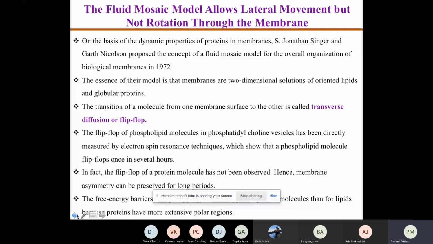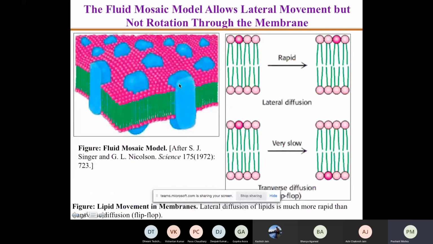And suppose there is a flip-flop movement, as has been observed as a rare example in the case of viruses. What will happen? Whatever is present in the upper half will move to the lower half, and after a period of time, suppose X amount of this lipid is present here, it will become equilibrated with the same amount of the lipid over here.